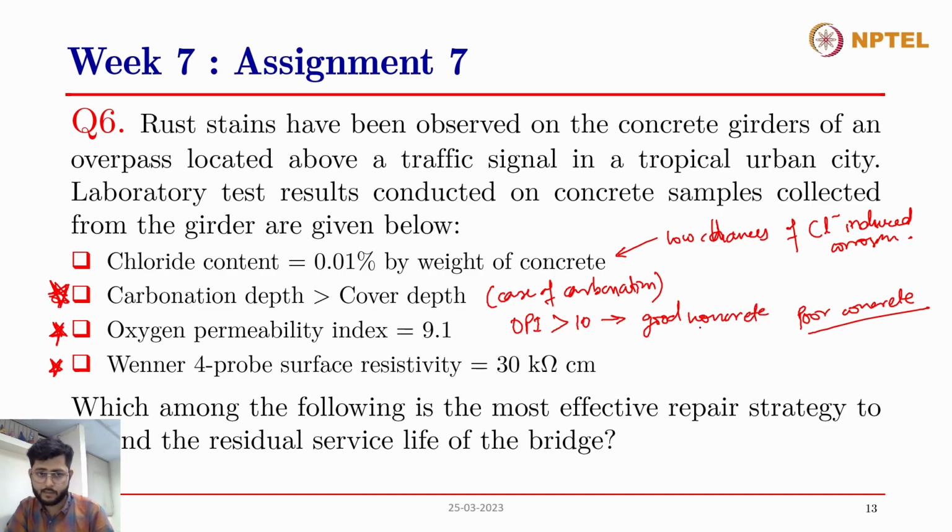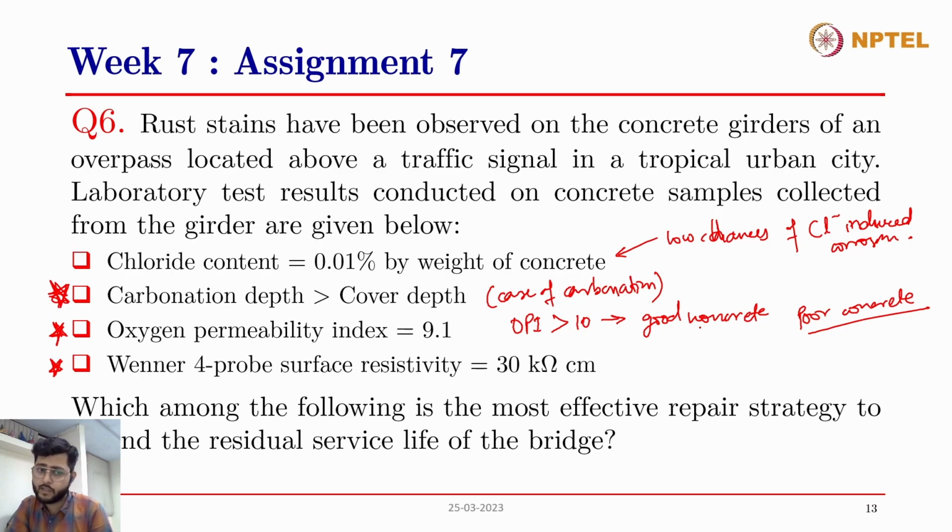So a low OPI value means that the concrete is highly porous, it has a high amount of connected pores, and the permeability of the concrete is high, right? And that is not a good sign, and it is also obvious because the concrete has gotten carbonated. Carbon dioxide has already been able to get inside the concrete, and the pore size has enlarged because of the carbonation process, and therefore there is high permeability in the concrete.